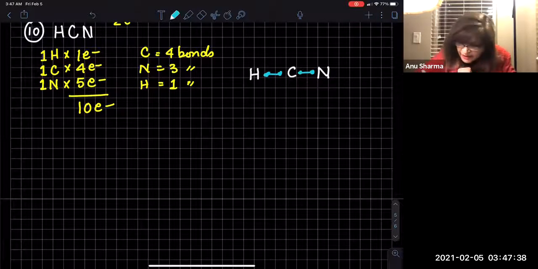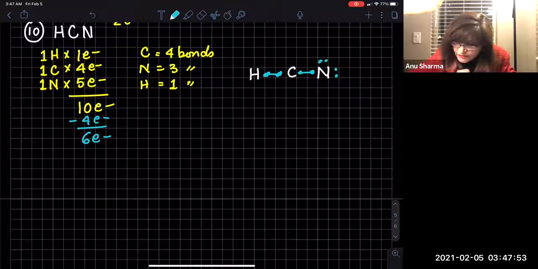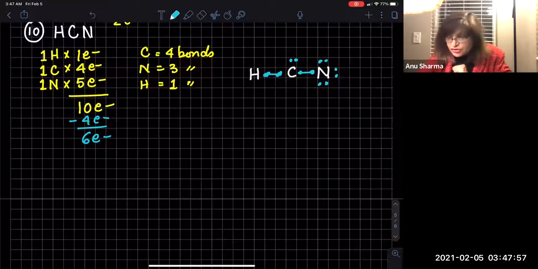Keep in mind that this need is not met. We have used 1, 2, 3, 4, so 4 electrons have already been used, and we are left with 6 electrons. Where are those going to go? Hydrogen is not following the octet; nitrogen gets 1, 2, 3, 4, 5, 6, 7, 8. So this is going to be the initial state.